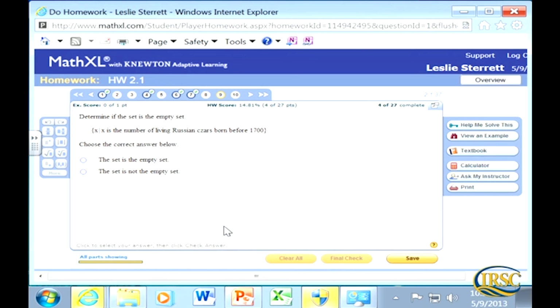Make sure you read it carefully. Okay, choice 1 is the set is empty, and choice 2, the set is not the empty set.